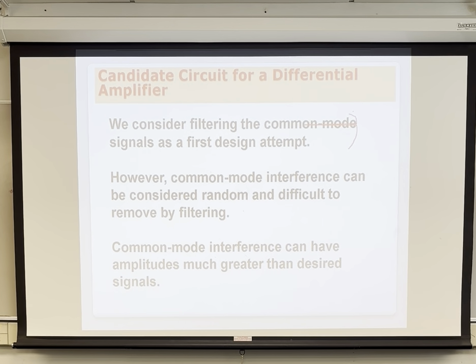So common mode interference can be considered random and difficult to remove by filtering, because it keeps changing frequency. Once you design a low-pass filter, you have to keep redesigning it to track the common mode. What we want is a circuit that will behave the same at all frequencies in terms of rejecting signals that are not supposed to pass through.